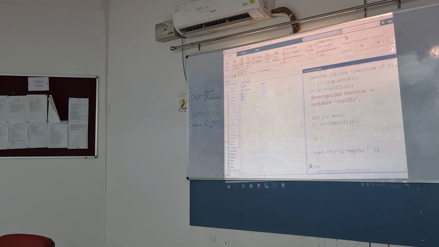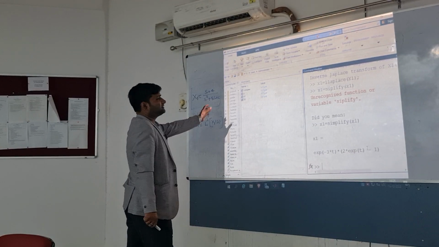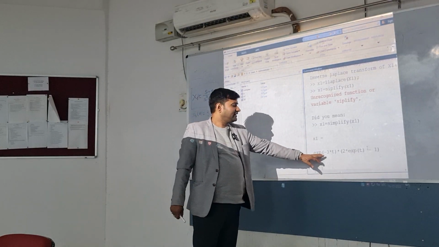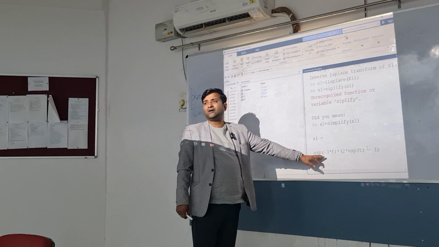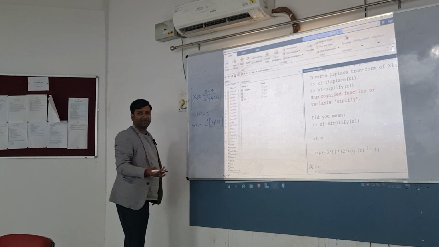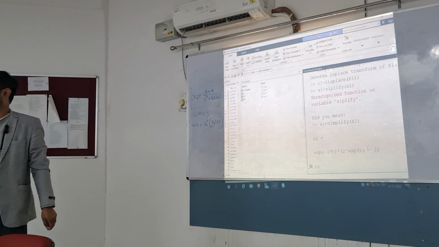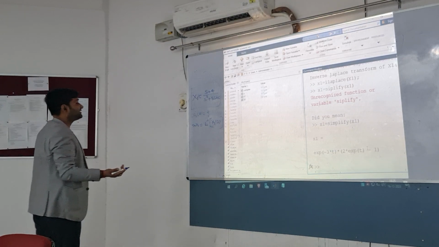This is the output result of this function. This is the inverse Laplace transform of this given function. Here this is a typo error. This is the inverse Laplace transform of this function. You can also check it manually by using the partial fraction expansion method to cross check this result.